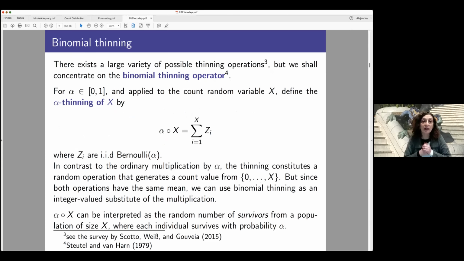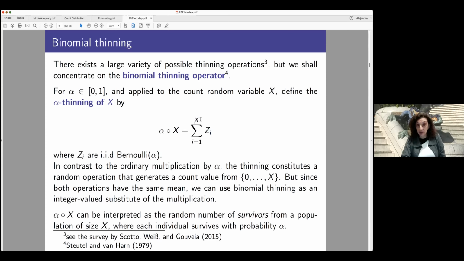There are a large variety of possible thinning operations, but we will concentrate on the binomial thinning operator, which is simply, for a given alpha, which will be a probability, so a number between 0 and 1, and applied to a count variable X, we define the alpha thinning by simply summing up to X a certain number of independent Bernoulli random variables.